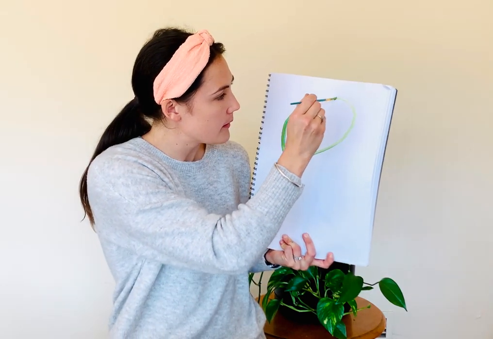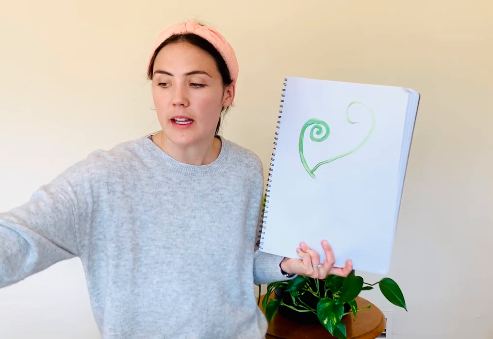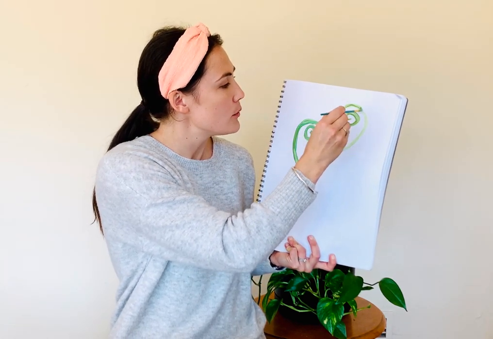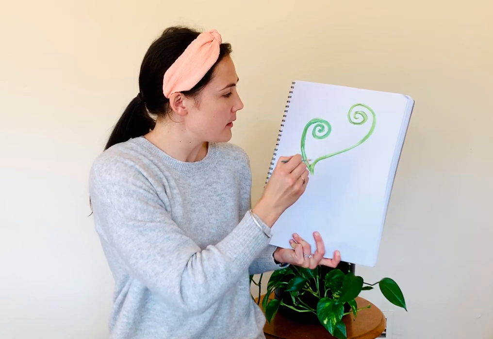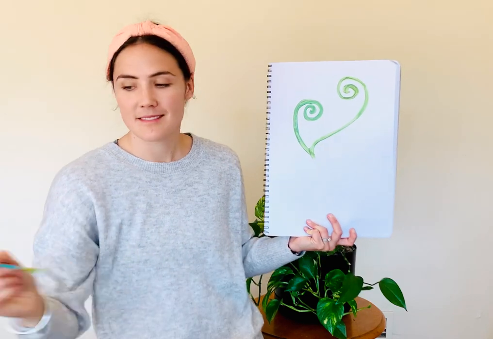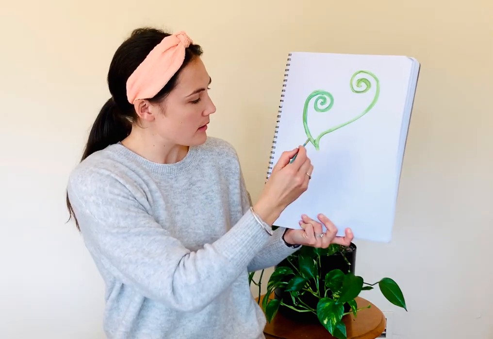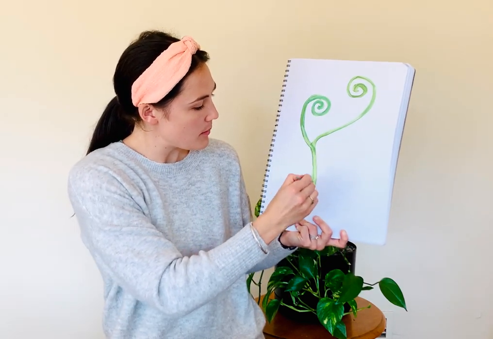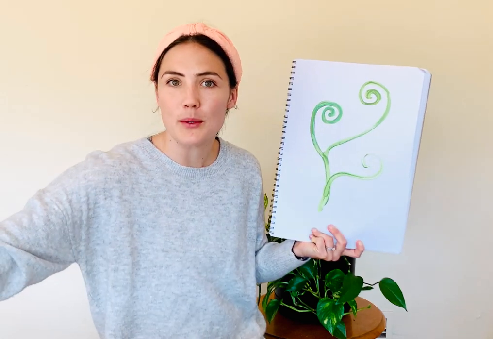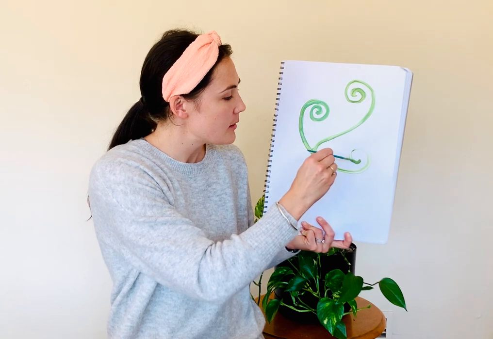Maybe another one up here. I have to keep dipping my paint in. Those beautiful spiral shapes. That sort of looks a bit like a love heart. Maybe this has a long stem-like branch there. Keep practicing that beautiful round spiral.